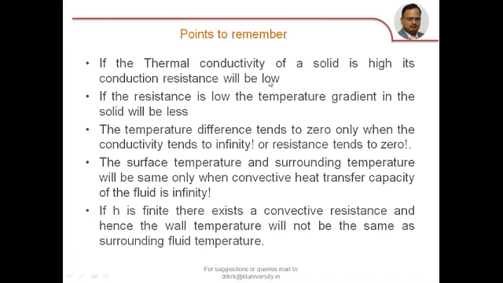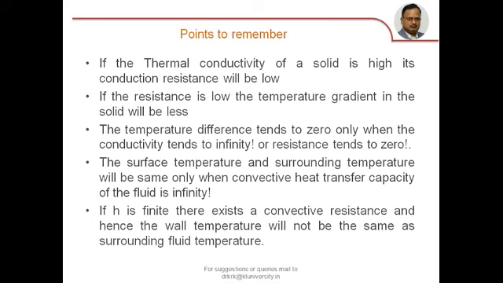The conduction resistance formula is L by KA, so K is in the denominator. If a material has high thermal conductivity, it offers less resistance to conduction heat transfer, analogous to current. A conductor having less resistance will have more current flowing through it.